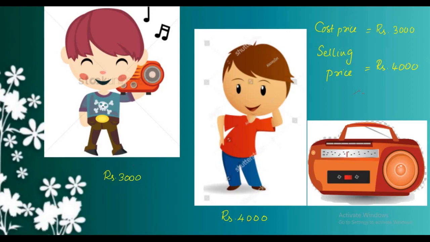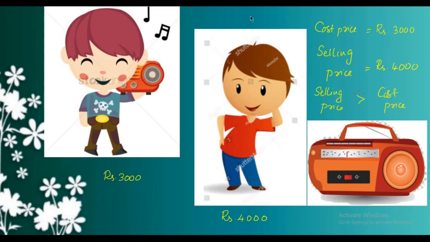After selling the radio, Arun got 1,000 rupees more, right? He purchased using 3,000 and when he sold it out, he got 4,000. So here selling price of the radio is greater than cost price of the radio, right? 4,000 is greater than 3,000. Selling price is greater than the cost price.